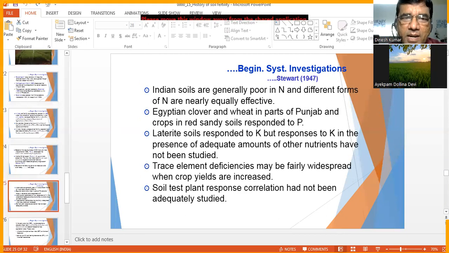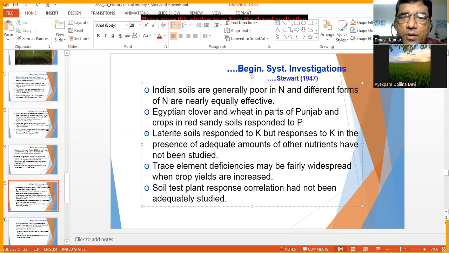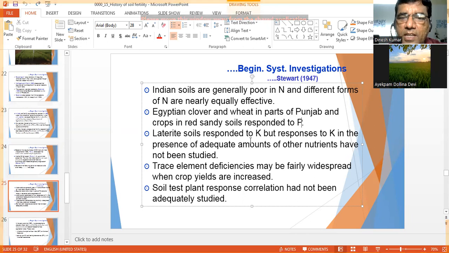Several of the following points Stewart made are valid even today. Indian soils are generally poor in nitrogen, and different forms of nitrogen are nearly equally effective. Egyptian clover and wheat in parts of Punjab and crops in red sandy soils responded to phosphorus application. Laterite soil responded to K, potassium, but responses to K in the presence of adequate amounts of other nutrients have not been studied.